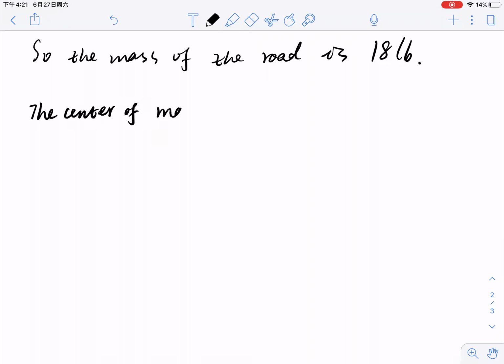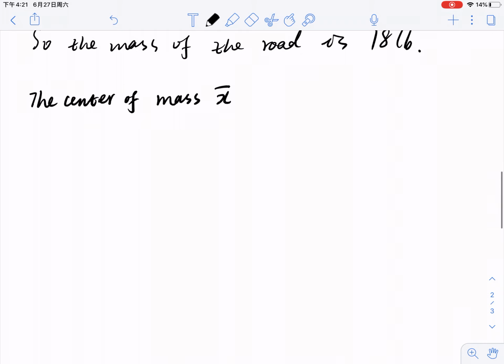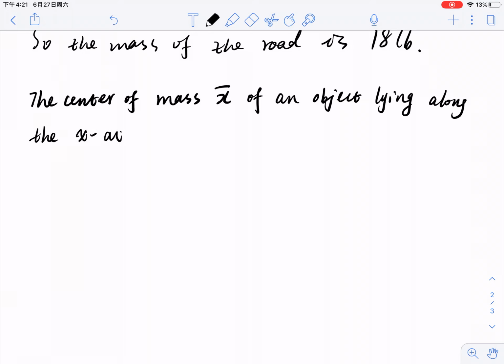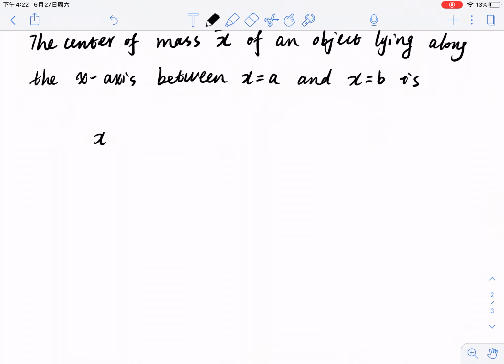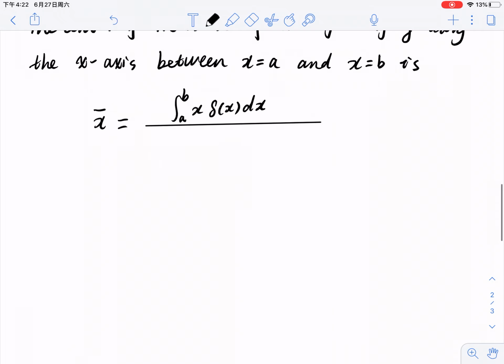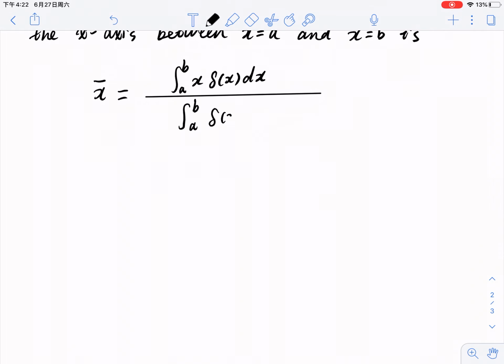We use the notation x bar to denote the center of mass of an object lying along the x-axis between x = a and x = b. x bar is equal to the integral from a to b of x delta(x) dx divided by the integral from a to b of delta(x) dx, where delta(x) is the density.